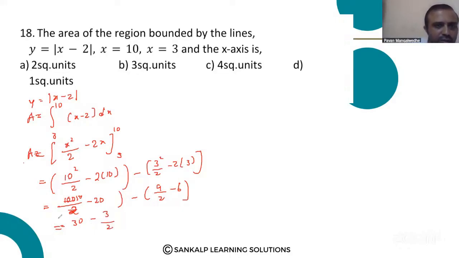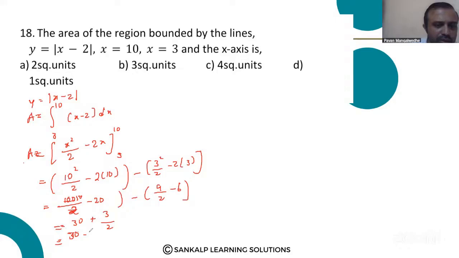So it is 30, and it is minus of minus, it will become plus, because it is minus.